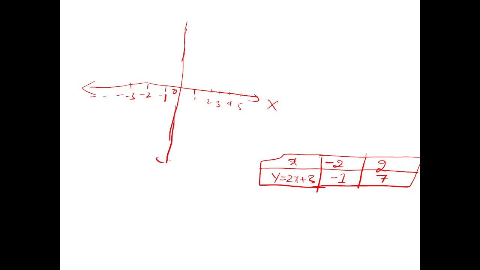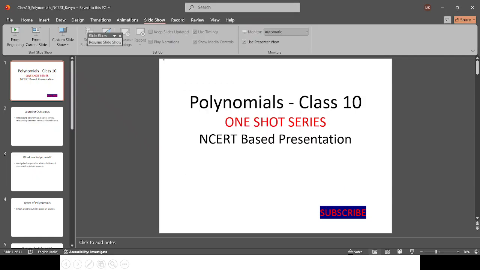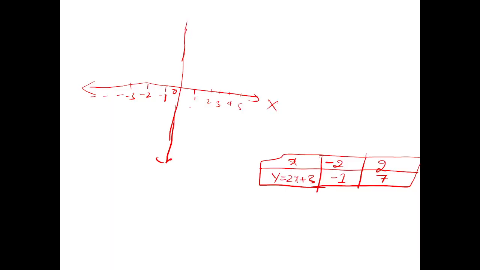In the below we have y, here it is 1, 2, 3, 4, 5, 6, 7. Here minus 1, minus 2, minus 3, minus 4.